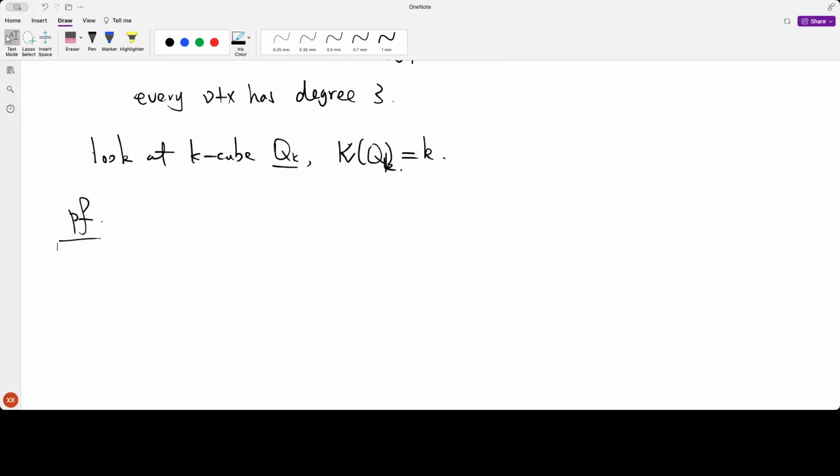Okay. Again, two directions. First of all, let's consider one vertex. So let's consider the degree of v, any v. In fact, what I want to do is that you know the minimal degree of this graph equals k.